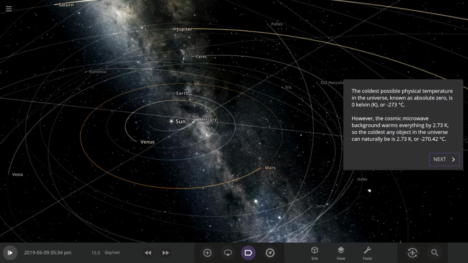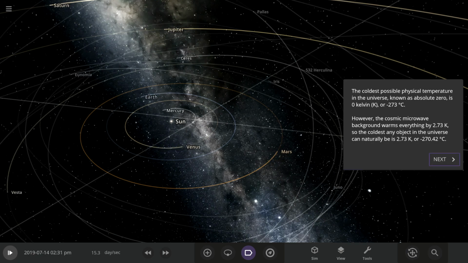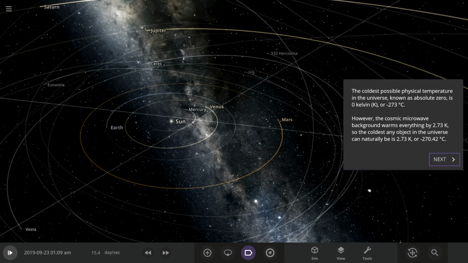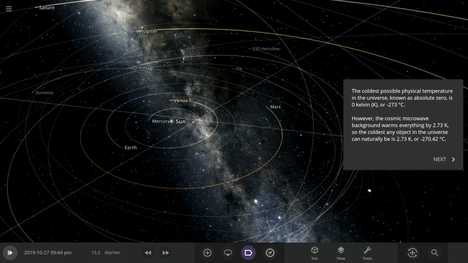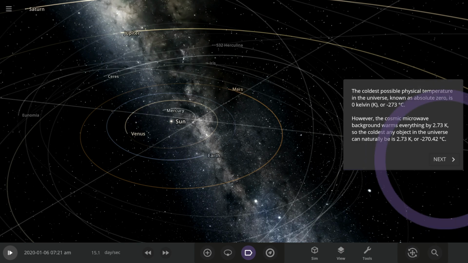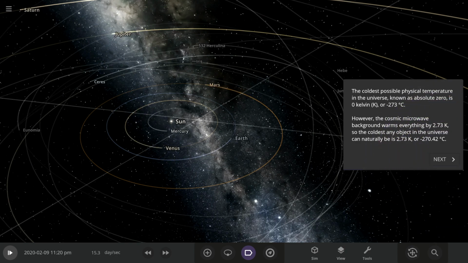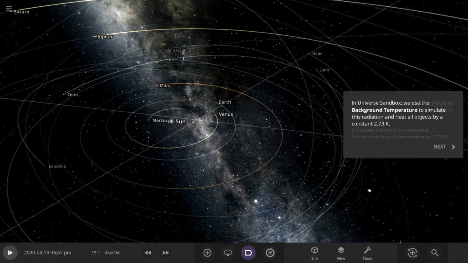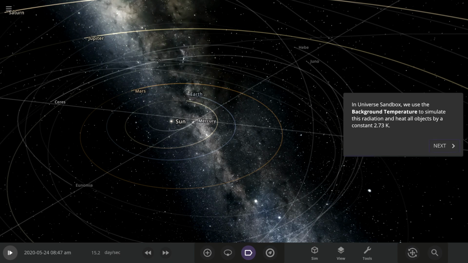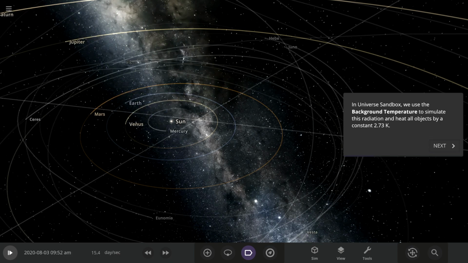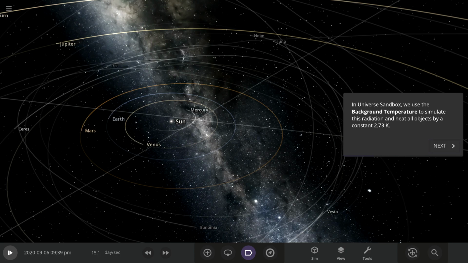If you live in the US or anywhere else that doesn't use Celsius, just put it into Google, like a measurement converter that converts Celsius to Fahrenheit. Okay, but anyways, in Universe Sandbox we used a background temperature to simulate this radiation and heat all objects by a constant 2.73 degrees Kelvin.